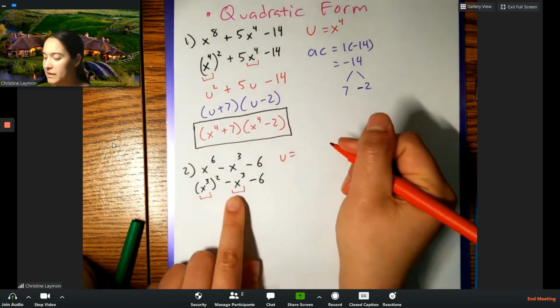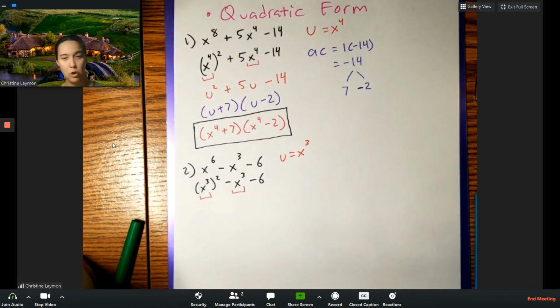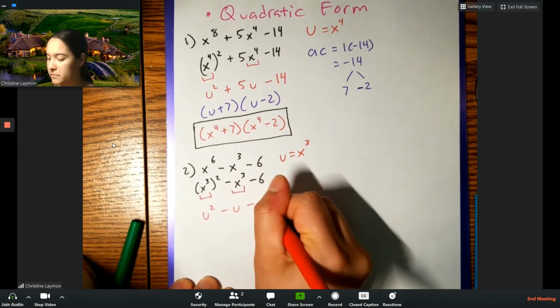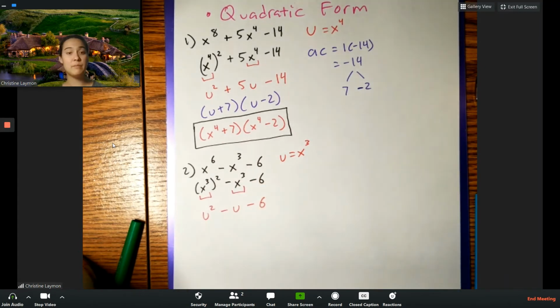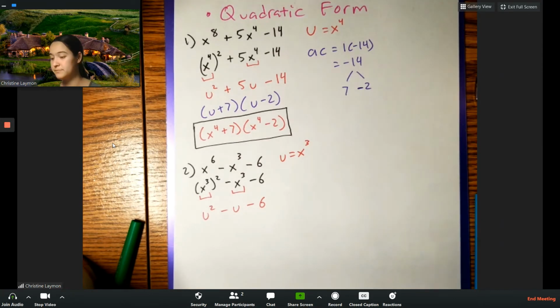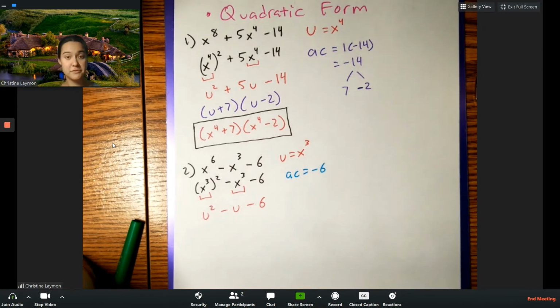Let U be that middle term, x cubed. Go ahead and replace it now. U squared minus U minus 6. Now again, I'm using this method because I realized that if this is a minus 1 and that's a minus 6, I can factor that. Notice that A times C is negative 6.